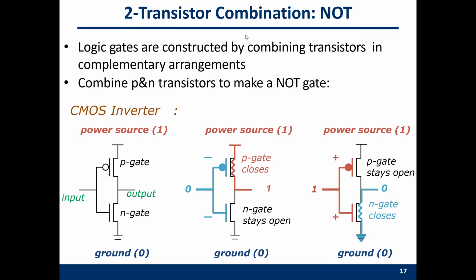You have 0, 1 output. You apply 1. When the input is 1, then the output is 0.